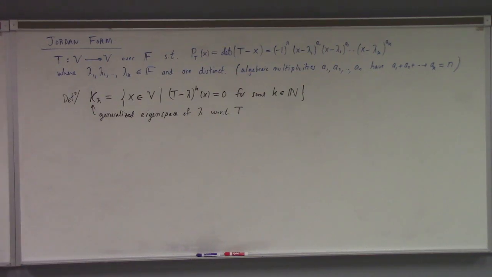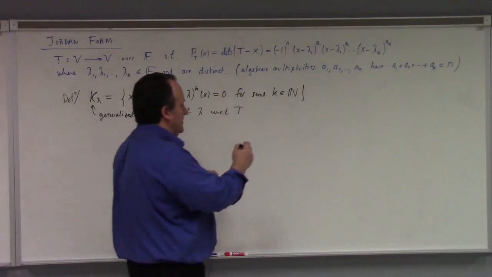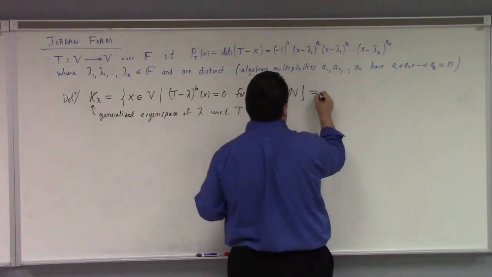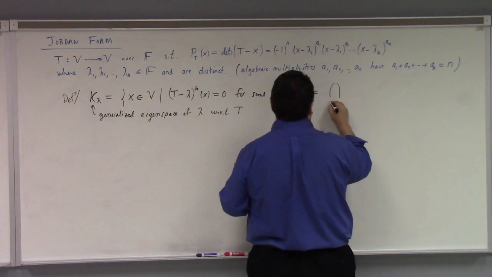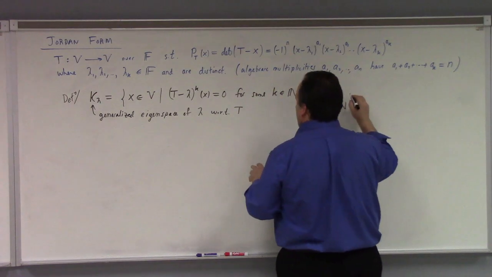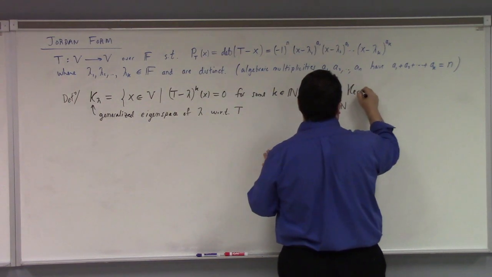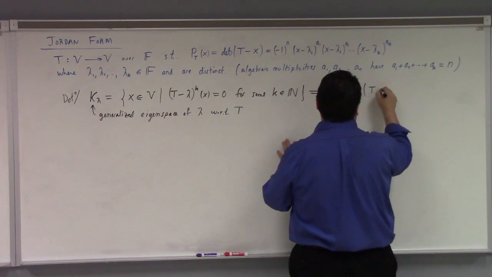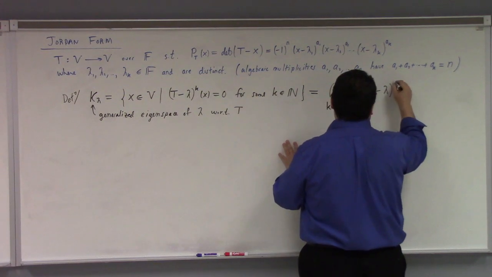I suppose you could write this as, if you wanted to, the intersection over k in the natural numbers of the kernel of T minus lambda to the power k. Is that right?